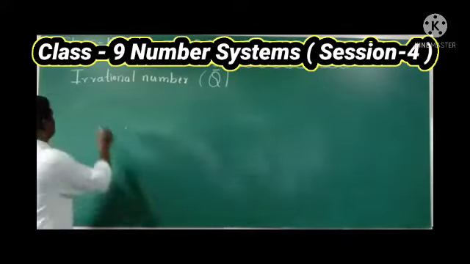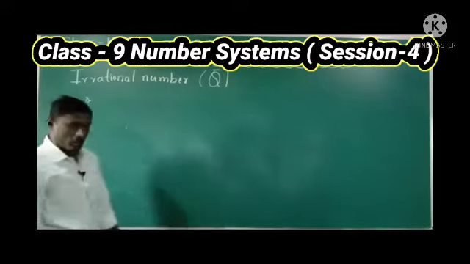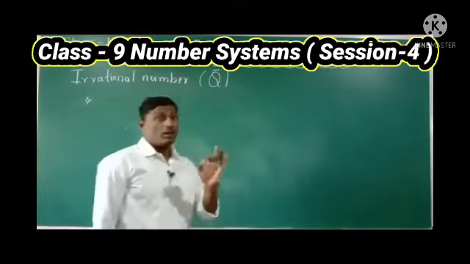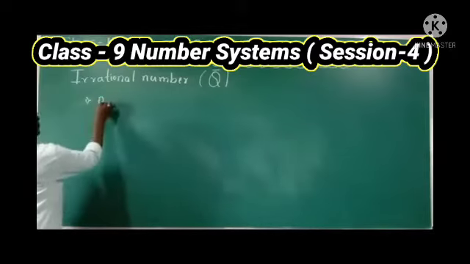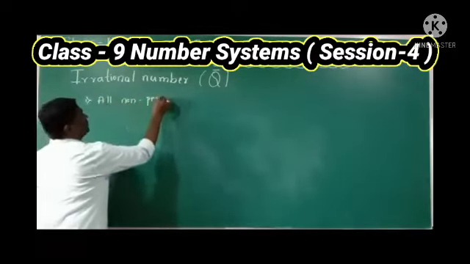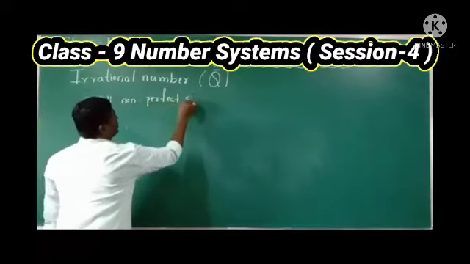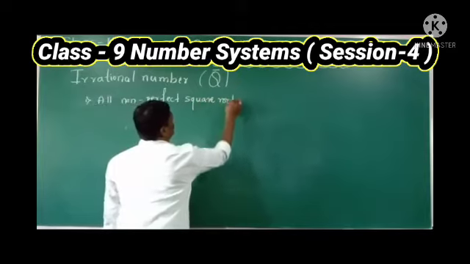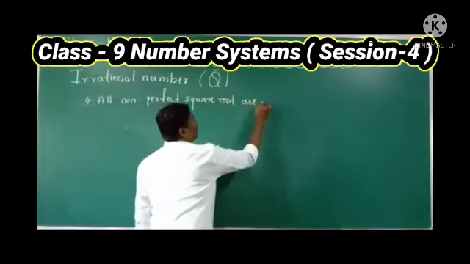First one, all non-perfect square roots are irrational.